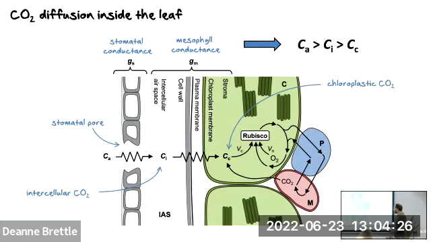Well, we have an easy way to account for this drop in CO2 concentration across the stomata, because we can use transpired water to approximate that. But it's much more complicated for this mesophyll diffusion resistance.